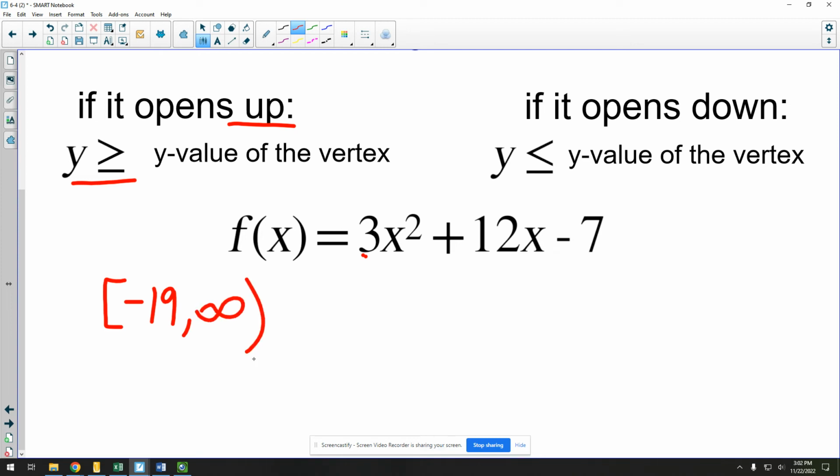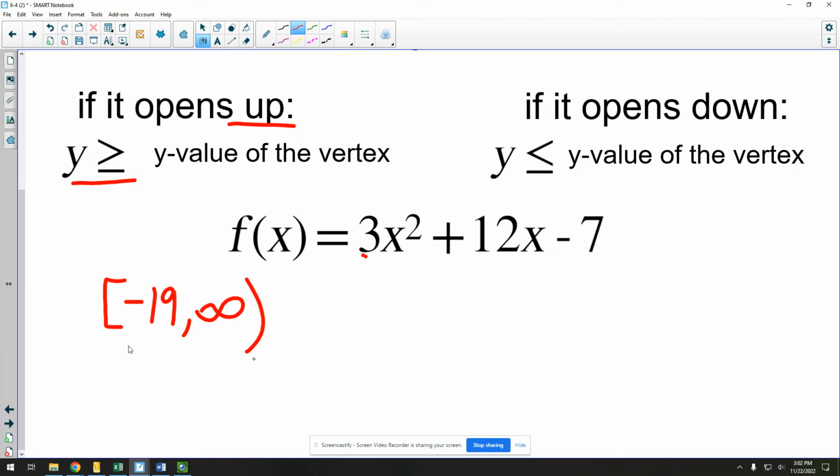This is not a coordinate point. This is an interval notation that says every number from negative 19 to infinity is included in your range.